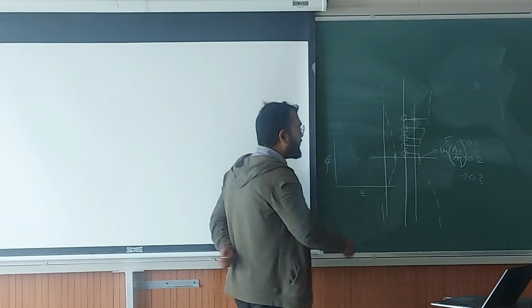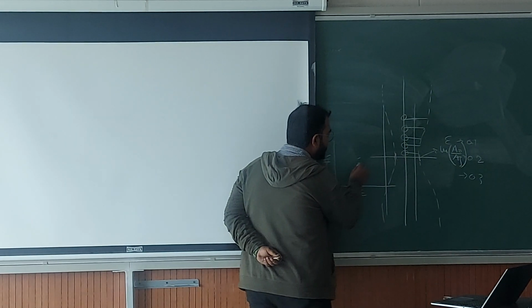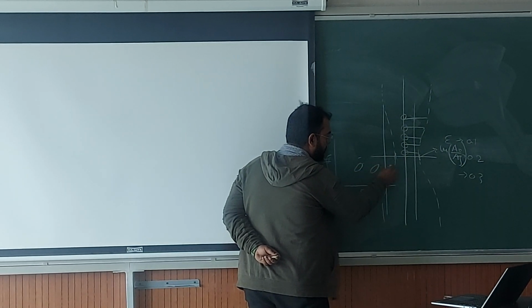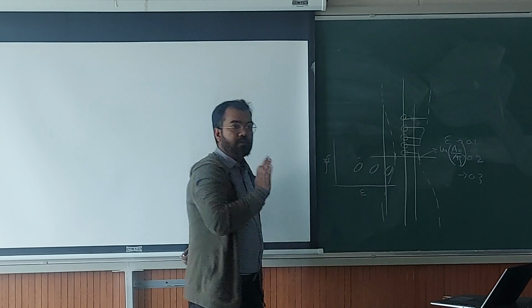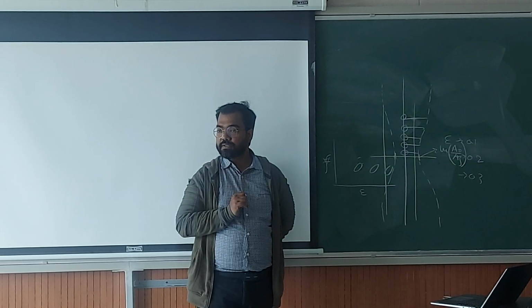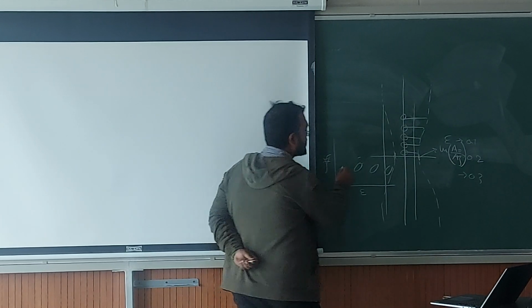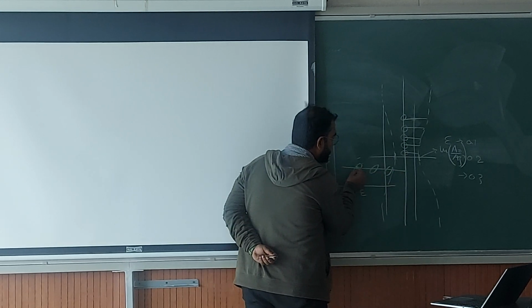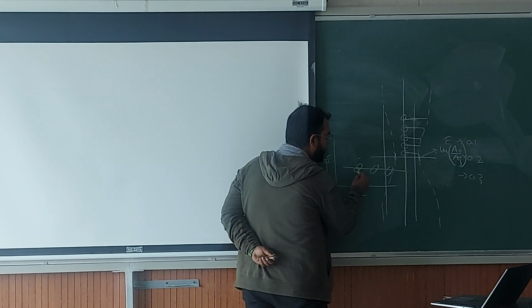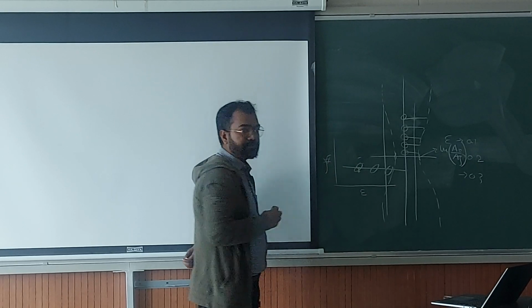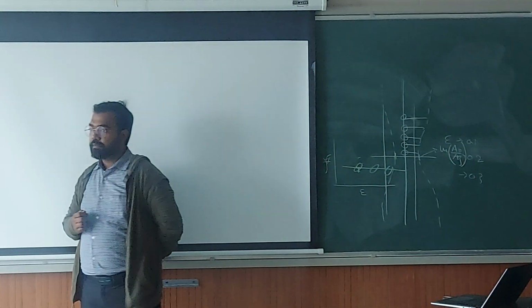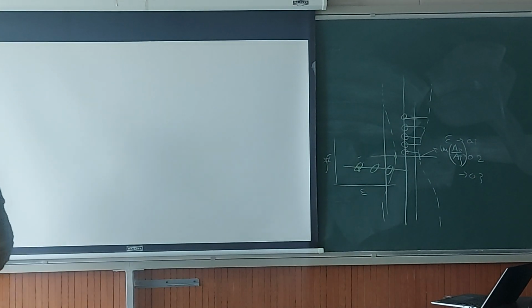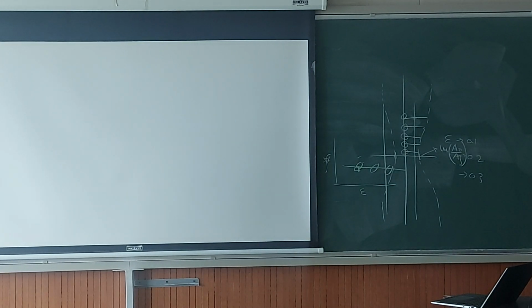If it has rolling, then you will have voids oriented in a different direction. And when you do the serial sectioning, you are measuring this and not measuring this. So you are imagining that to be a sphere and calculating the void volume fraction. So that error will come.